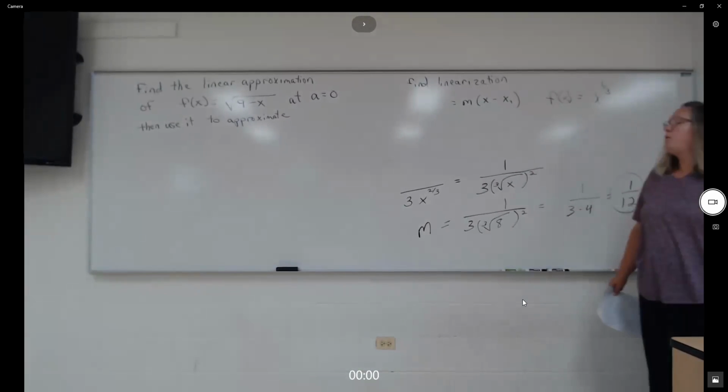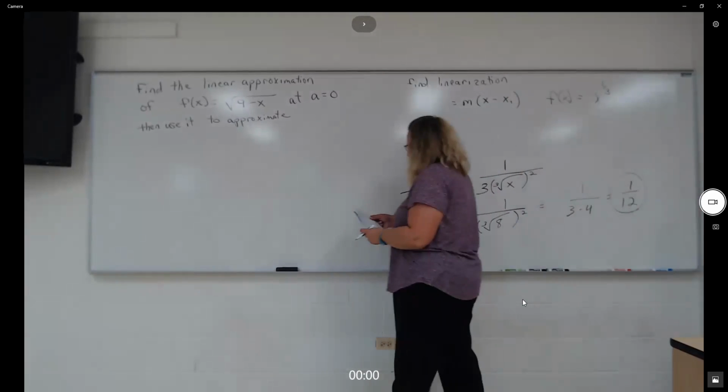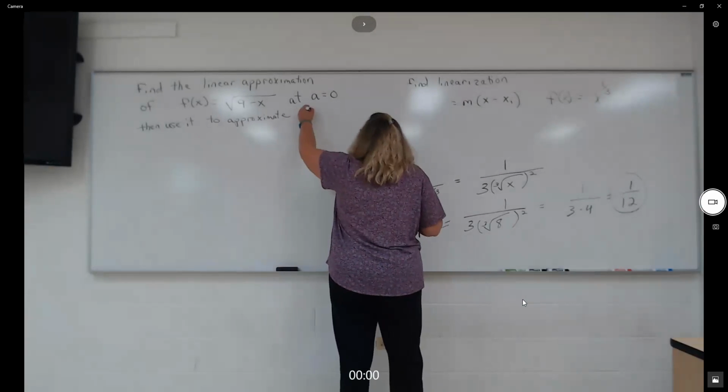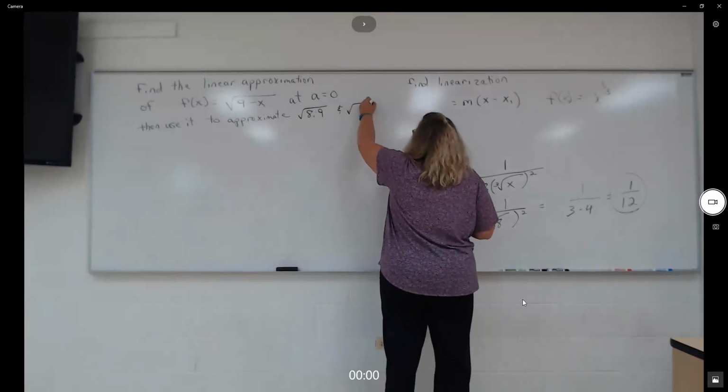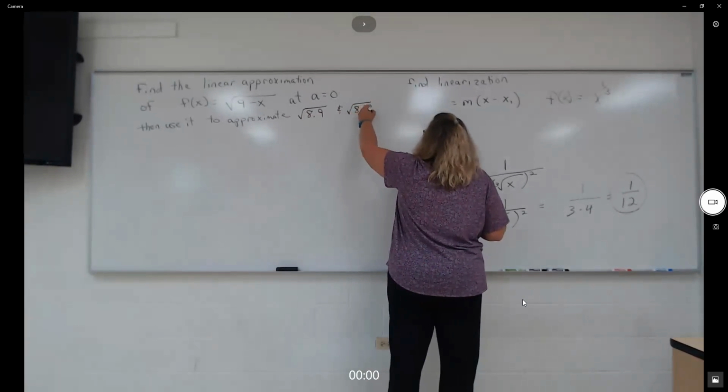So here we go. Now we are actually going to use that line then to approximate the square root of 8.9. And then they give us 2. And the square root of 8.9.